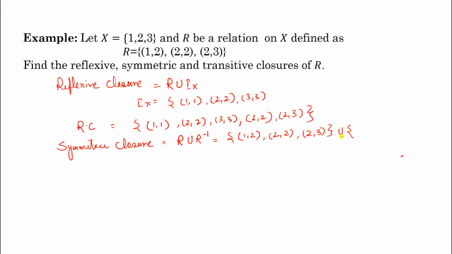Now union R inverse means you reverse the order, so it is (2,1), (2,2) and (3,2). So you will get (1,2), (2,2), (2,3) and (2,1), (2,2) is already there, (3,2). This is the smallest symmetric relation that contains R as a subset. So this is the symmetric closure.